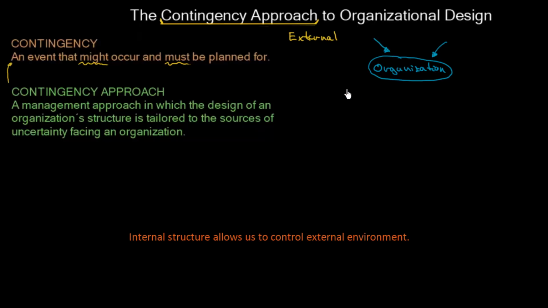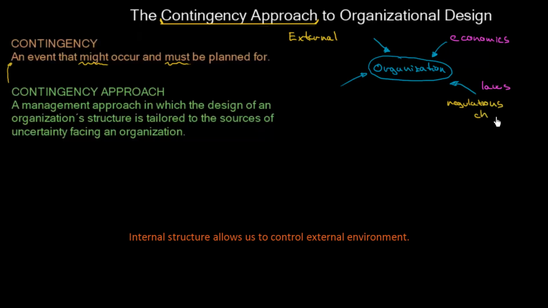Contingency can occur somewhere among these. So let's say one of the forces we are facing is the economic situation, or economics. Another one can be the laws or regulations that are out there. And the contingency can be a regulations change.